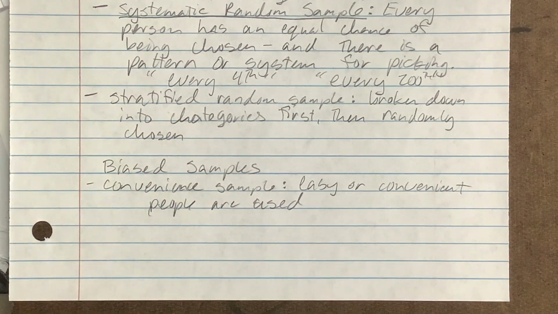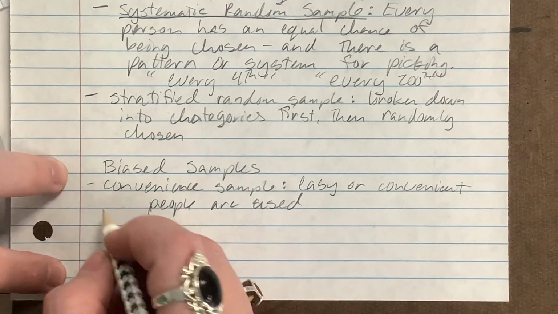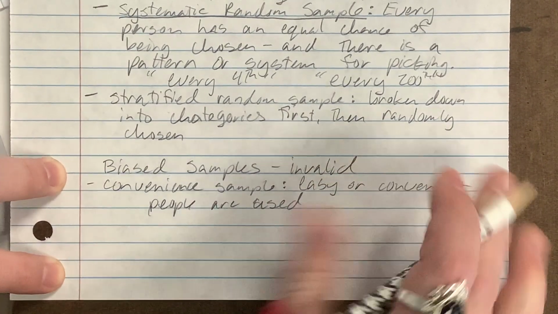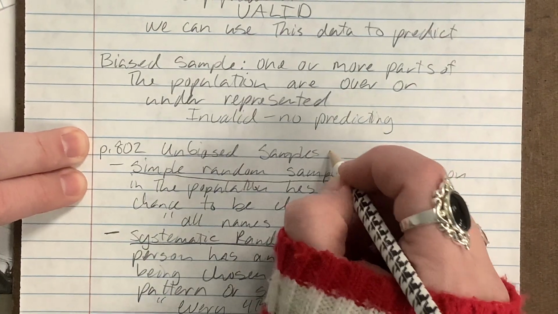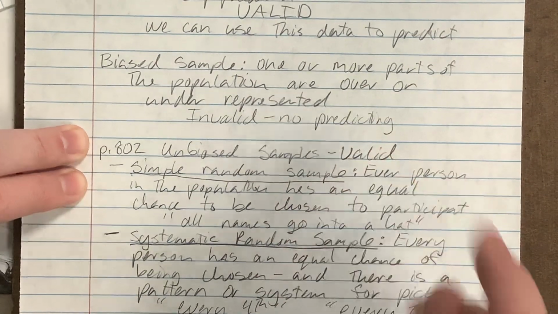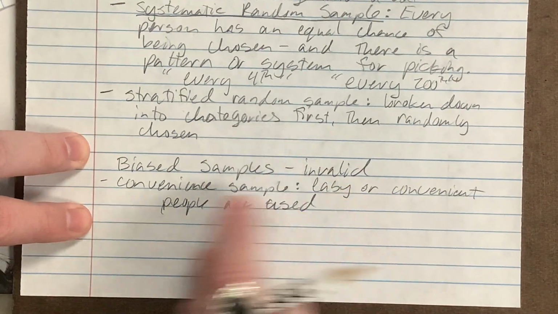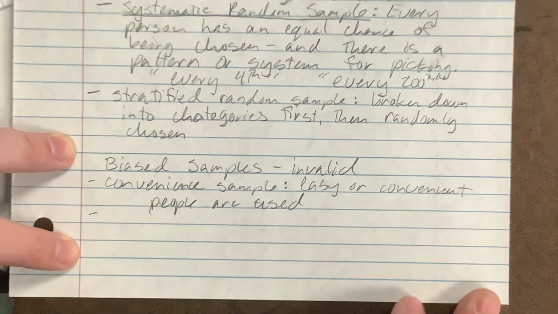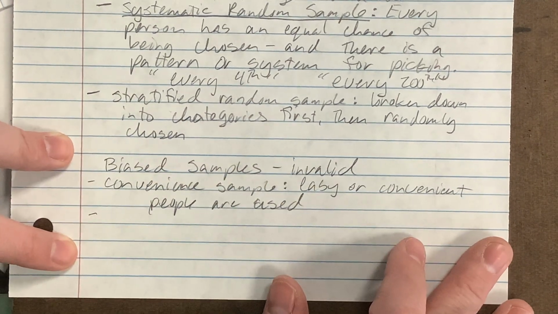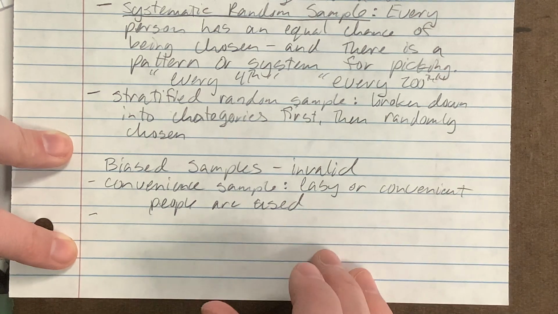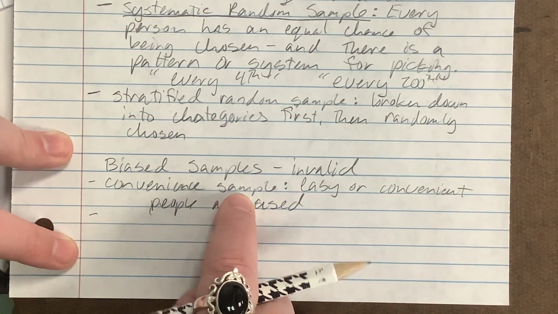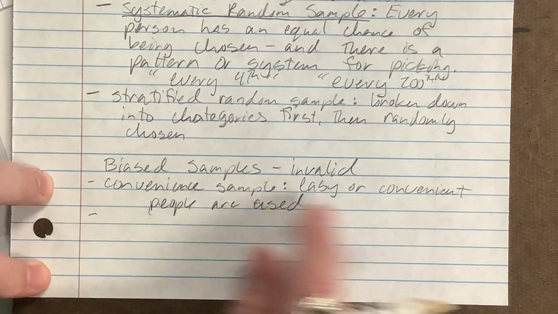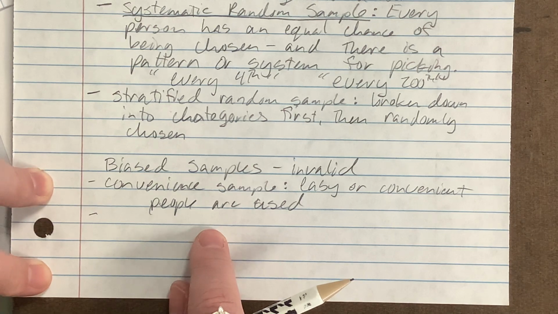It's not representative of the population. Okay? So these are invalid. Remember, unbiased, this is valid. Valid is good. Invalid is bad. So again, convenience sample is just asking the people that are near you. So that would be like me, again, if we were studying all of Early Light Academy, but I just ask my 7th grade students. I'll be convenience sample because I have contact with the 7th grade students. And so that's easy for me, but it is not representative of the whole population.